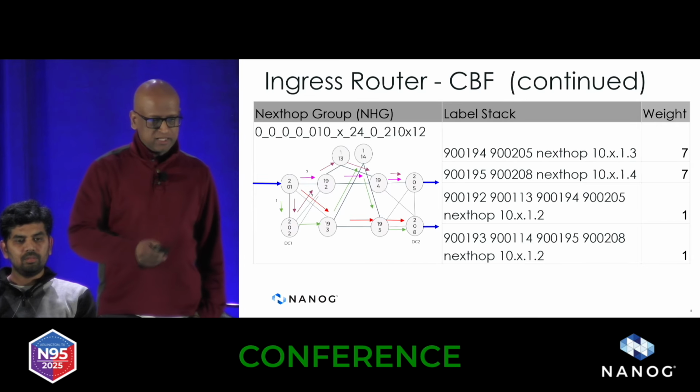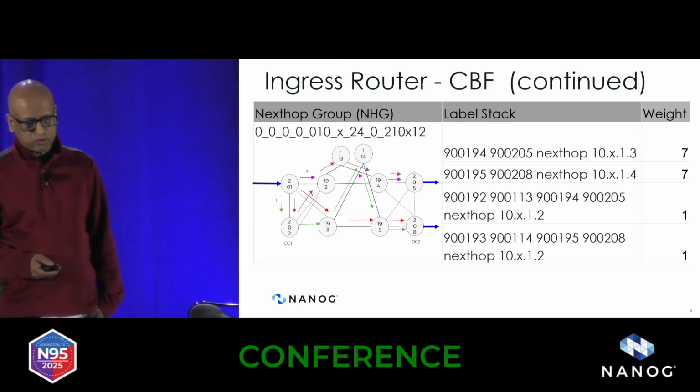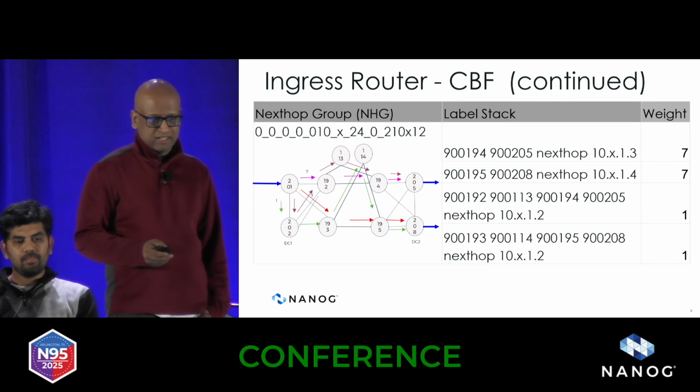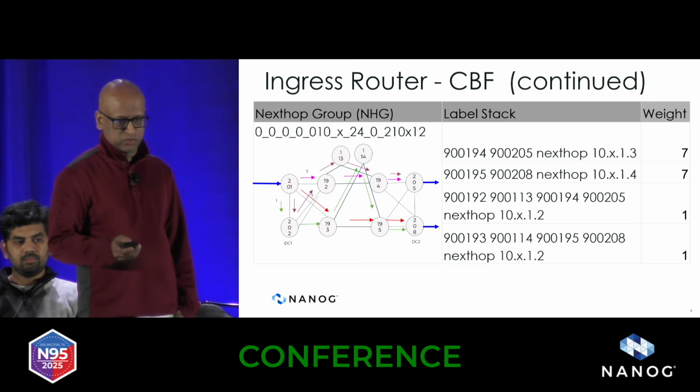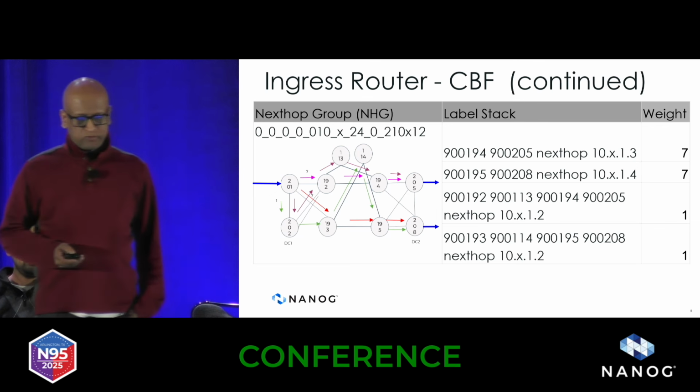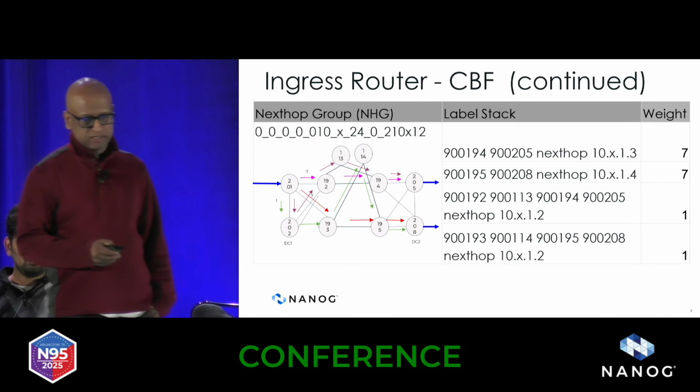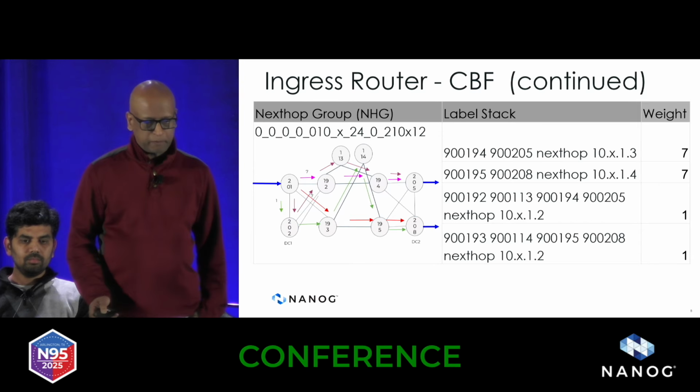You don't see 192 there because the traffic is forwarded to the next hops 10x13 and 10x14, so that's why you don't see the label 192 in that path. But there is some more traffic that needs to be satisfied on the longer path.